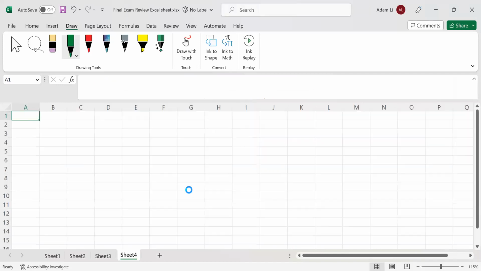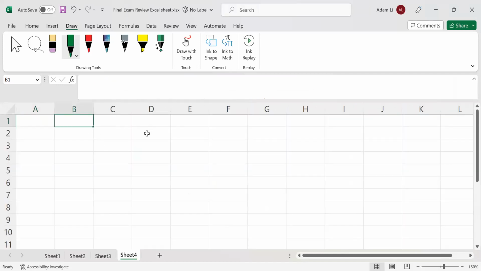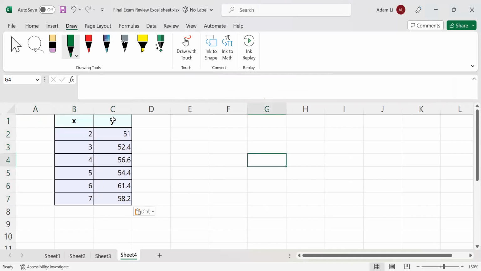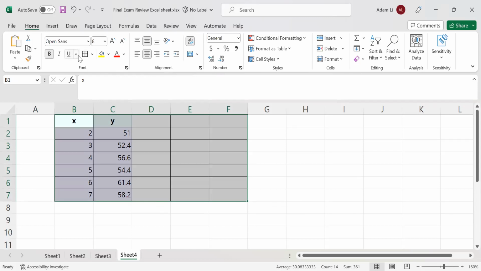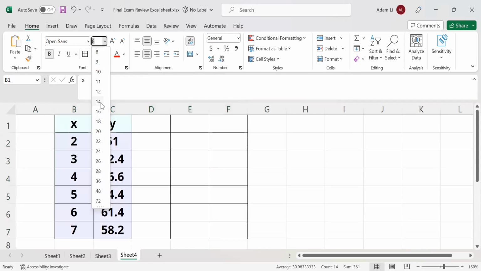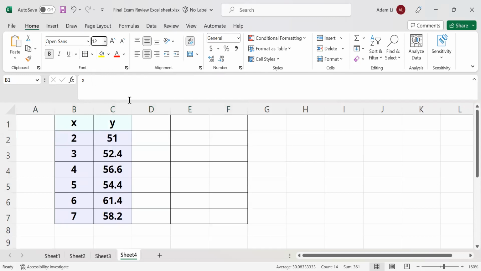Another sheet, I'm going to open another sheet. Similarly, we get the X and Y. We need 3 more cells. We format that really quickly. Put in the borders, center, bold it. Put in the font size, say 12.